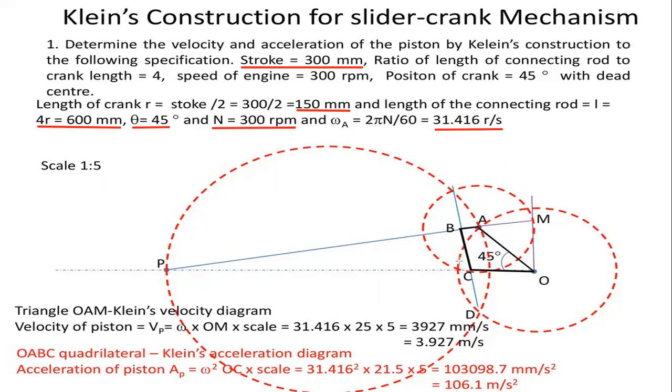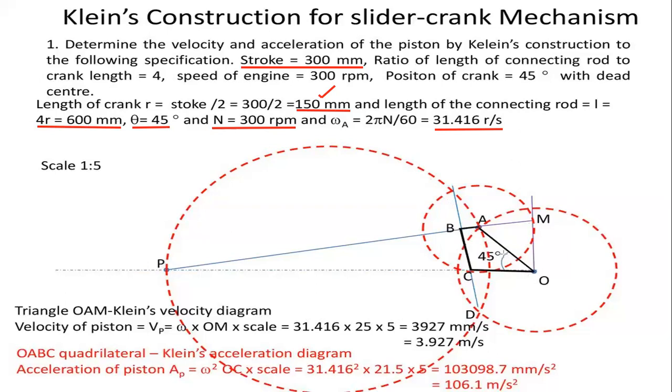So here I am taking the crank length, that is the length of the crank, that is 150 mm. Total stroke is 300 mm and OA length is 150 mm. Length of the connecting rod, that is from position A to P, that is 600 mm.